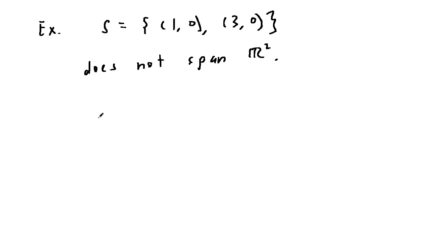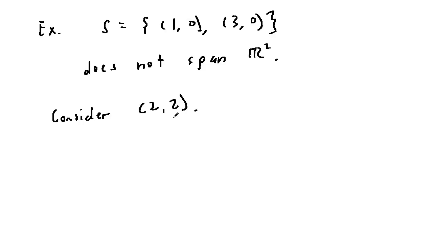Okay, to show this, we just need to find one vector in R2 that cannot be written as a linear combination of the vectors in S. So consider 2, 2.